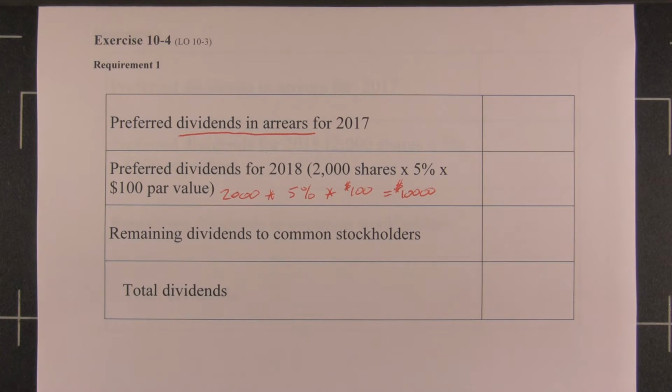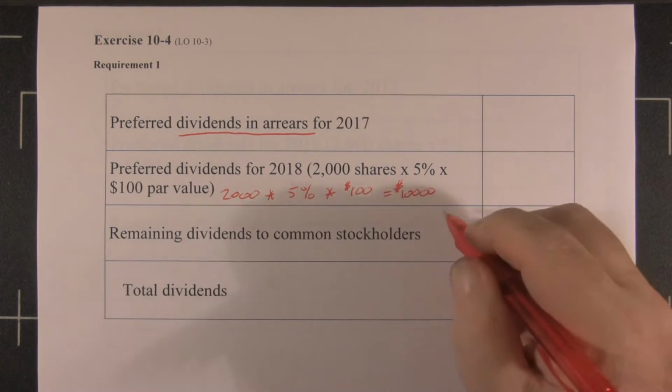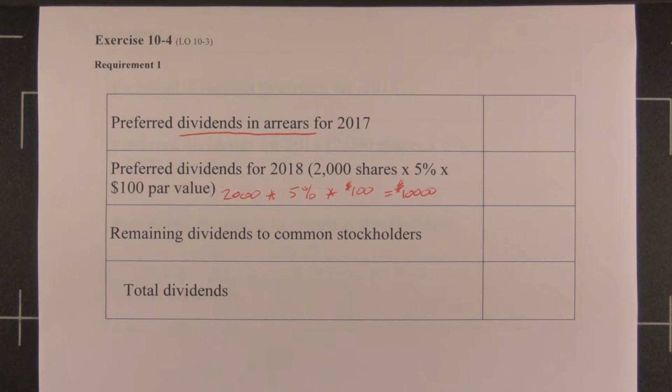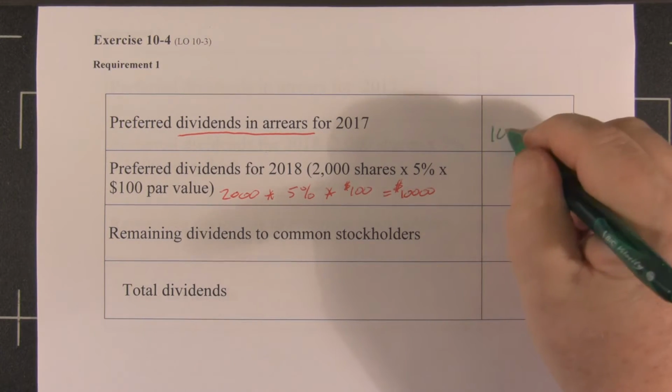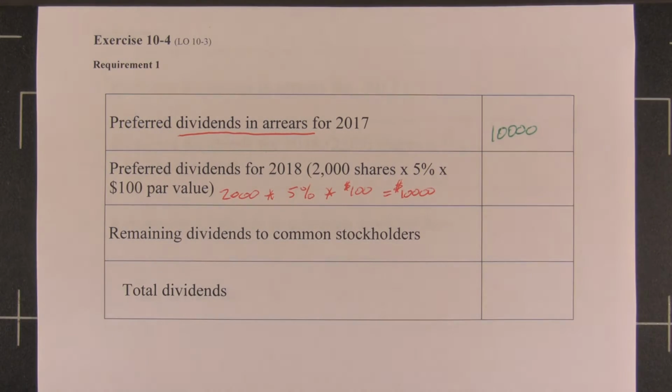The balance goes to common stockholders unless there is a payment due from last year, and that is the case here. So last year we didn't pay any dividends, so we owe the preferred shareholders $10,000 from last year.